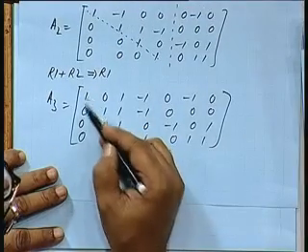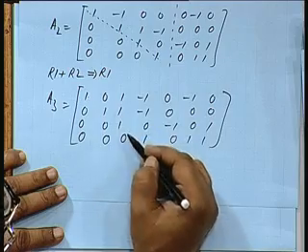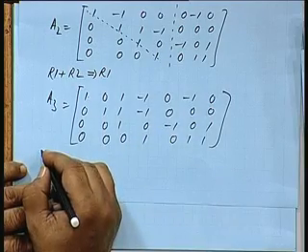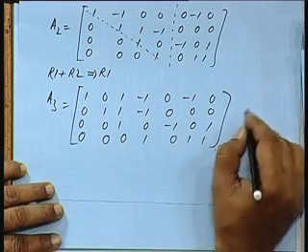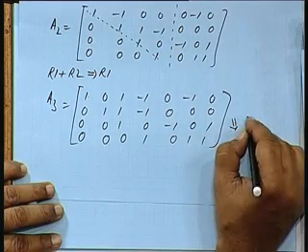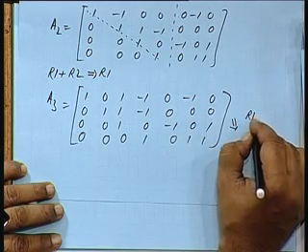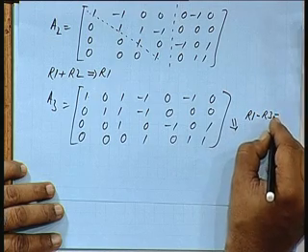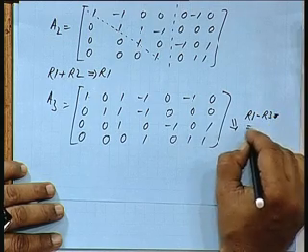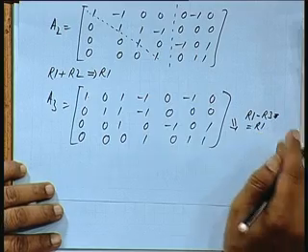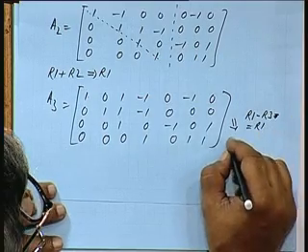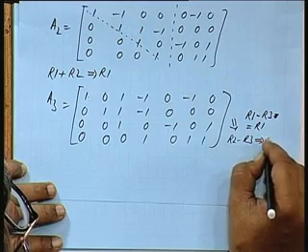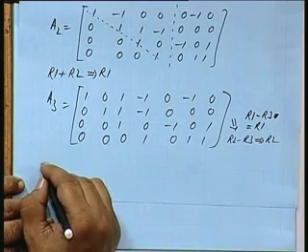Then R1 minus R3. So next step, we replace R1 with R1 minus R3, then R2 minus R3 is going to replace R2. What do I get?